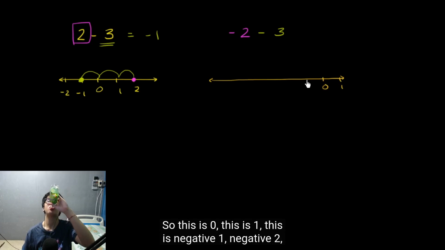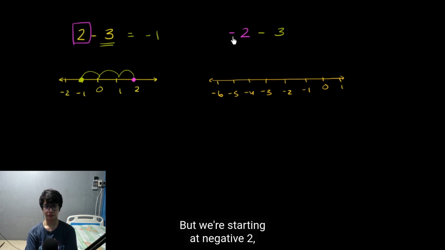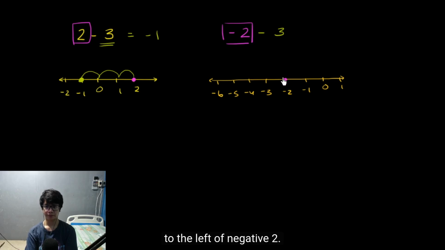So this is 0, this is 1, this is negative 1, negative 2, negative 3, negative 4, negative 5, negative 6, and I could keep going. But we're starting at negative 2, and then we're subtracting 3 again. So once again, we're going to move 3 to the left of negative 2. So we go 1, 2, 3. We end up at negative 5. So this is negative 5.